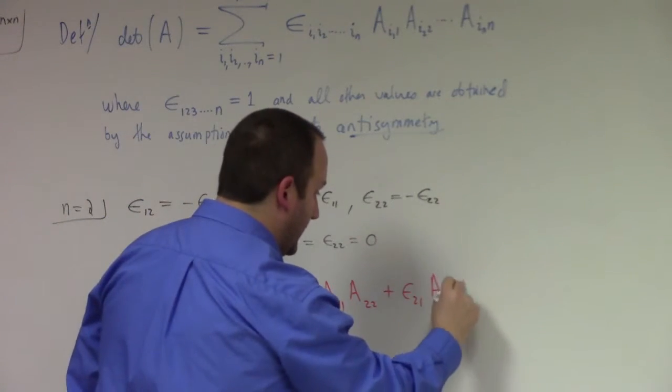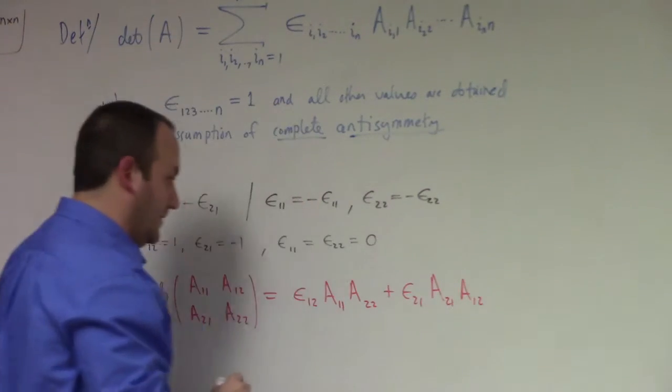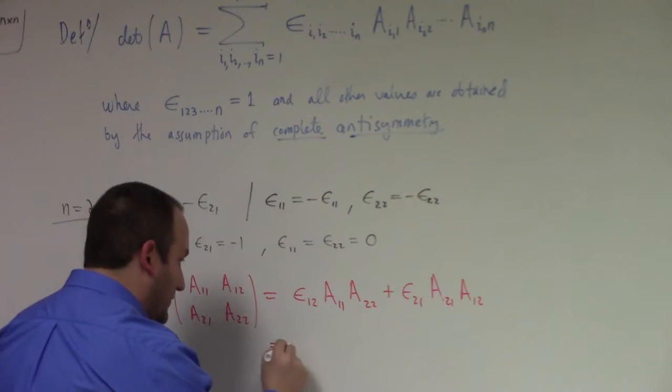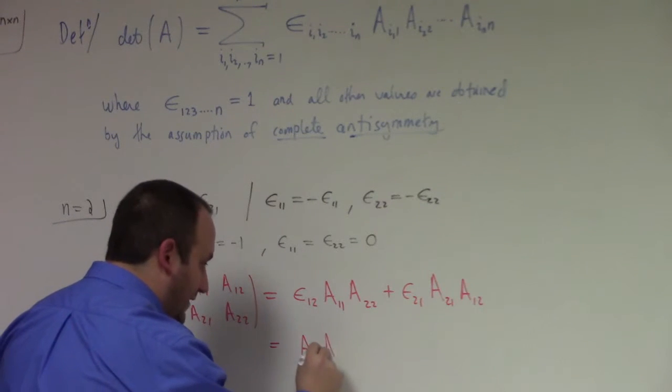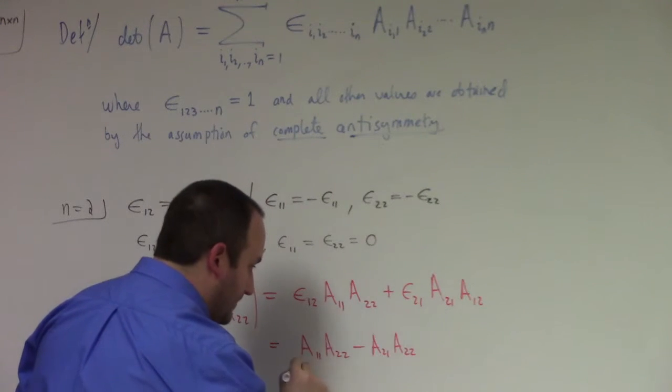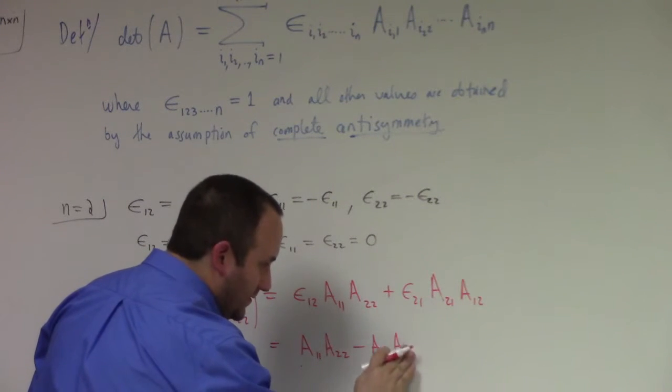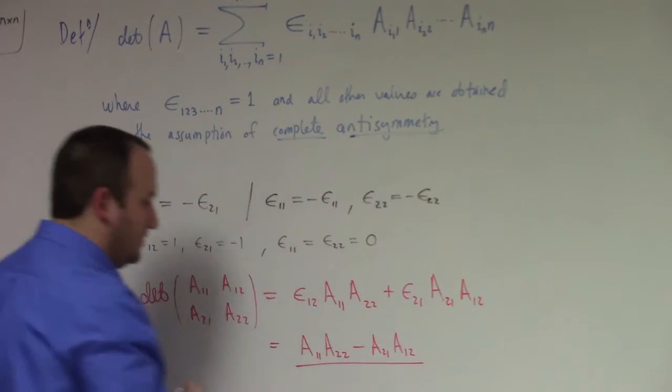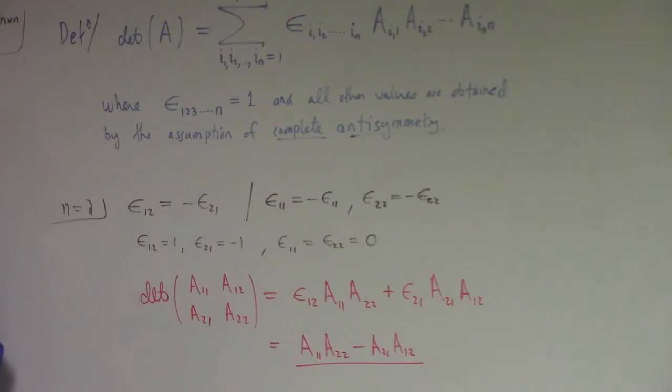Which is what? This is actually equal to A11 A22 minus A21 A12. You can recognize this is, if I change it to A, B, C, D, again, this is AD minus BC. See how it works in the 2 by 2 case?